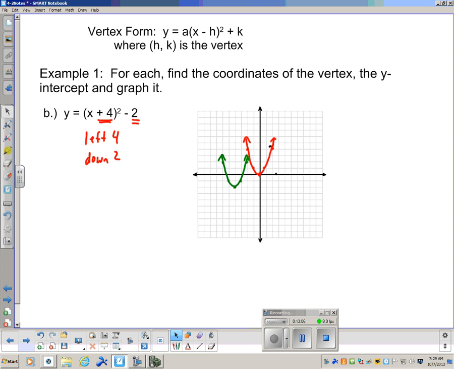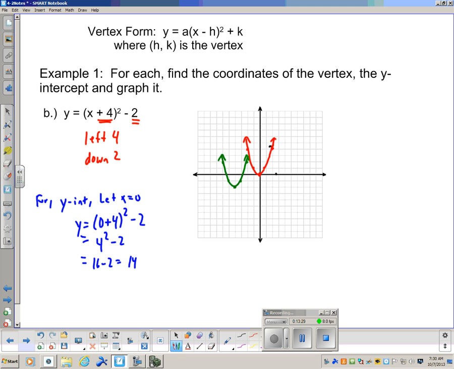And then we have to find the y-intercept. Let x equals 0. So I'm going to plug it in there. Y equals 0 plus 4 squared minus 2. So inside here I get 4 squared minus 2. So that's 16 minus 2, which gives me 14. So 0, 14 would be my y-intercept, or just 14.